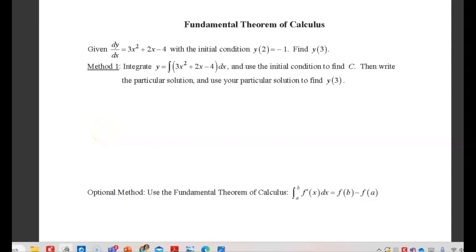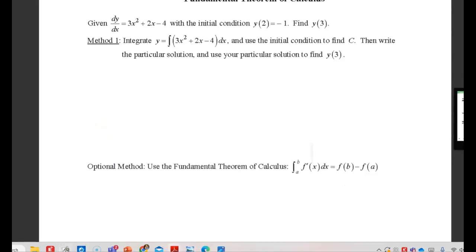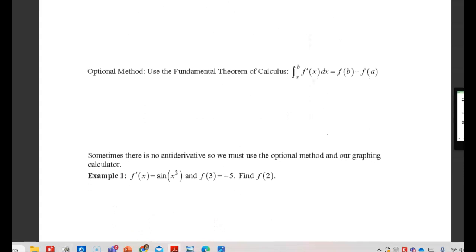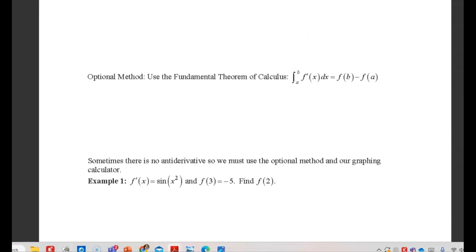fundamental theorem of calc, which says the integral is equal to f of b minus f of a. So in our case, we want to integrate from 2 to 3 of that f prime of x dx. And then we're going to find f of 3 minus f of 2.